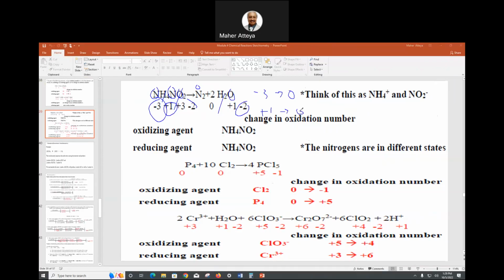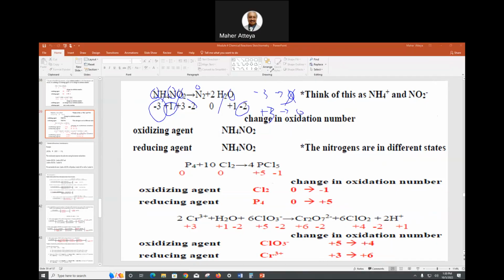So where is the oxidation or reduction? One of them is -3 to 0, and the other one is +3, not +1. Sorry, this is +3. So -3 to 0, that's oxidation. -3 is lower than 0, so that's an increase.